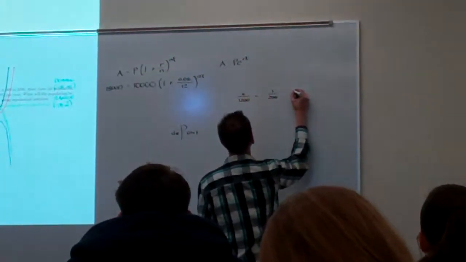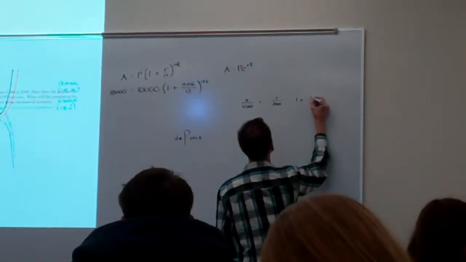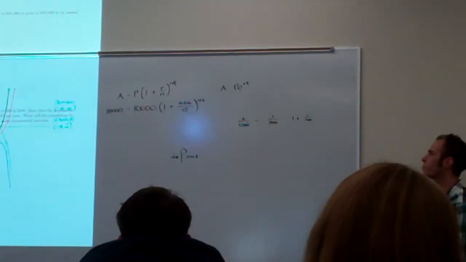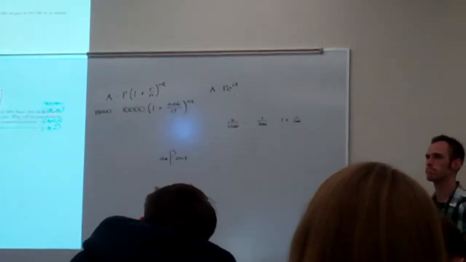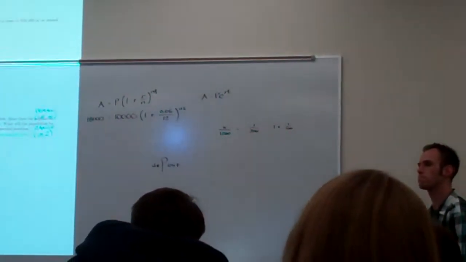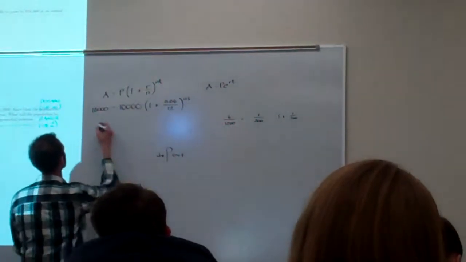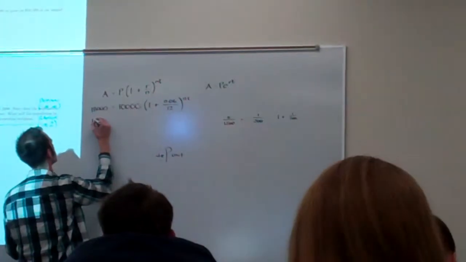So then we have 1 plus 1 over 200, which is what fraction? It's 201 over 200. So I'm going to simplify this number before I do anything else.